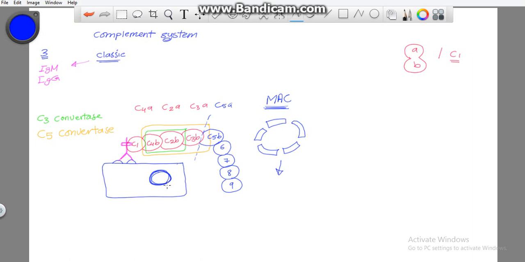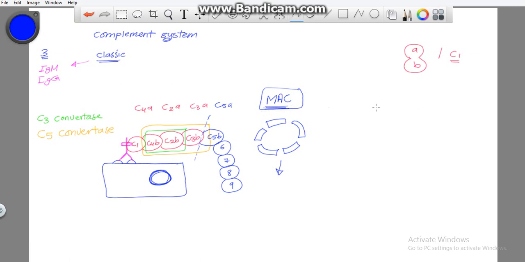Now, if someone were to ask a question, would this membrane attack complex be more efficient on gram-negative bacteria or on gram-positive bacteria? A difference between those two is that this attacks lipid membranes.